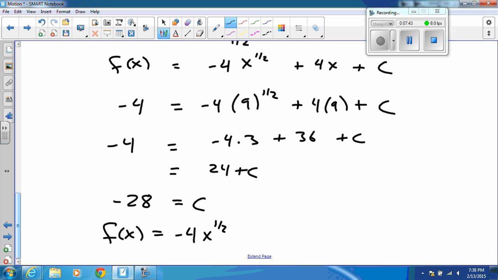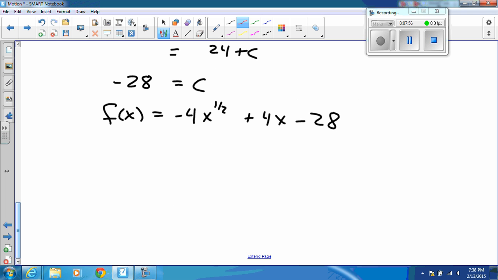And we now have our final solution for f, which is negative 4x to the 1/2 plus 4x minus 28. Likewise, I would check this by making sure that it has the right initial condition, that f of 9 does equal negative 4. Let's plug in and verify that.